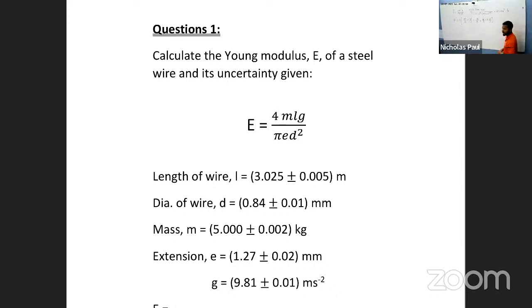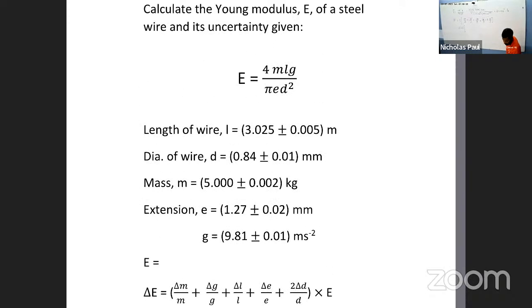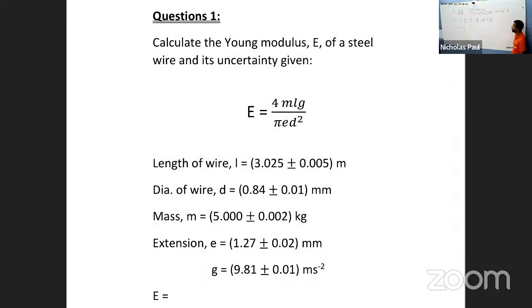Right, and now you're going to plug everything in. So it will be 2 point. Anybody else got 2.11 by 10 to the 11? How much y'all got? 10 to the 11?